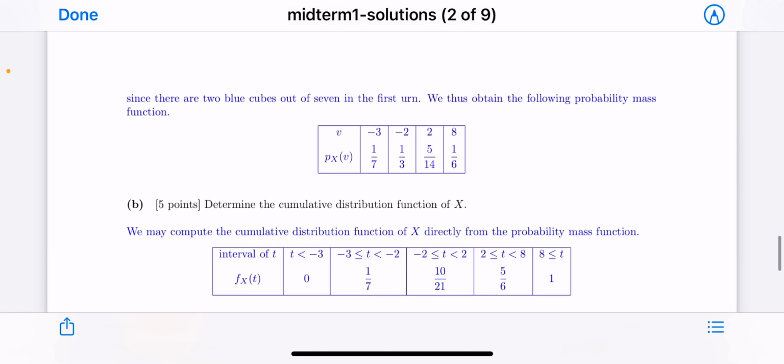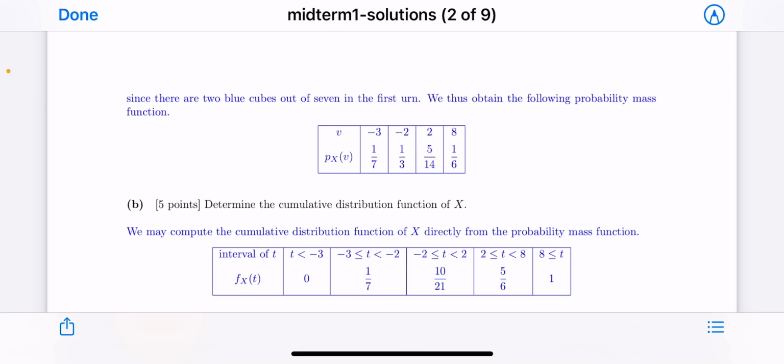And then we also need to compute the cumulative distribution function. So the easiest way usually to compute the cumulative distribution function is to add the successive probabilities in order.